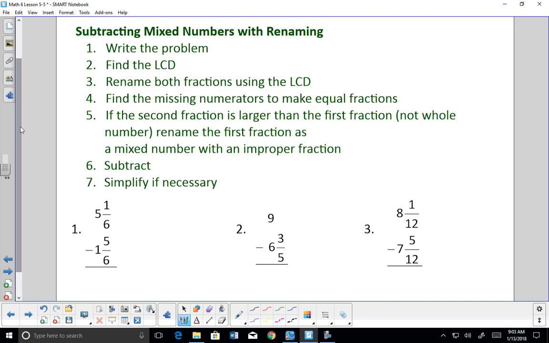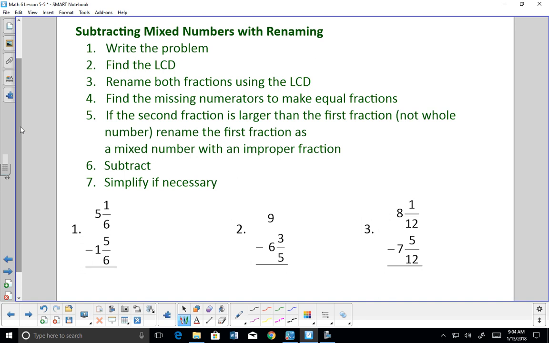You're going to write the problem, find your least common denominator, rename both your fractions using your least common denominator, find your missing numerators. If the second fraction, not the whole number part, is larger than the first fraction, you're going to have to rename the first fraction as a mixed number with an improper fraction. Then subtract and simplify if necessary. So let's take a look at some examples, and we're going to do quite a few.